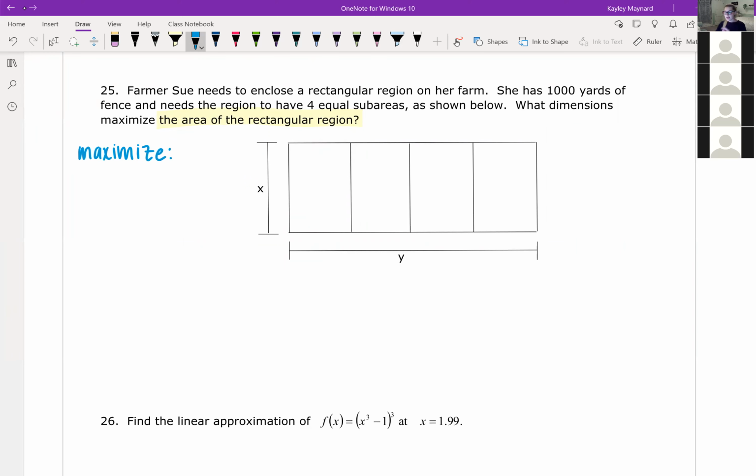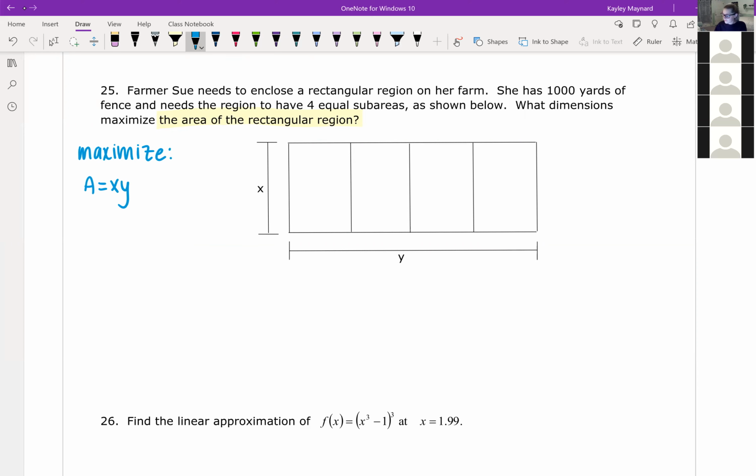So we are maximizing the area of this rectangle, which conveniently has been labeled for us as x and y. So the area is A equals x times y. All right, then you have a constraint. It is a subtle constraint, but it is the constraint.